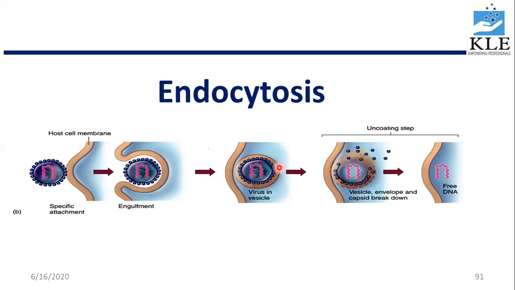And once the virus is inside the host cell, there are certain enzymes like the lysozyme enzymes present in the host cell. These enzymes will dissolve the outer protein coat. And once the outer protein coat is dissolved, the free DNA or the RNA will be released into the host cell. So this is through the endocytosis process.